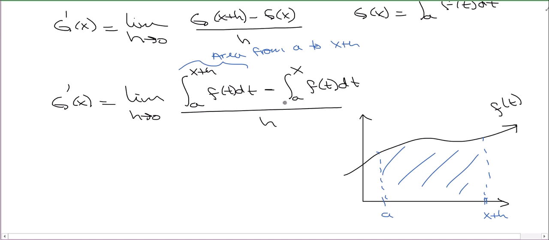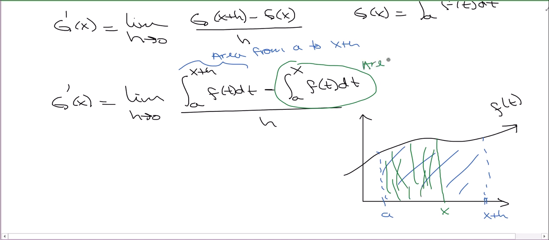Now what about the second integral? Which area is that? That's the area just from a to x under the curve, between the curve and the x-axis. We don't know how big h is, but let's say that my x is here. Then this area is the area from a to x.